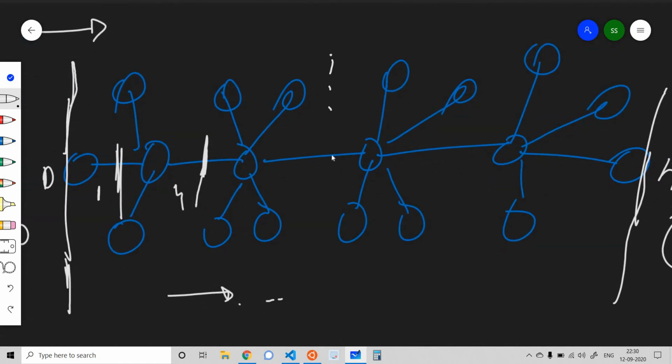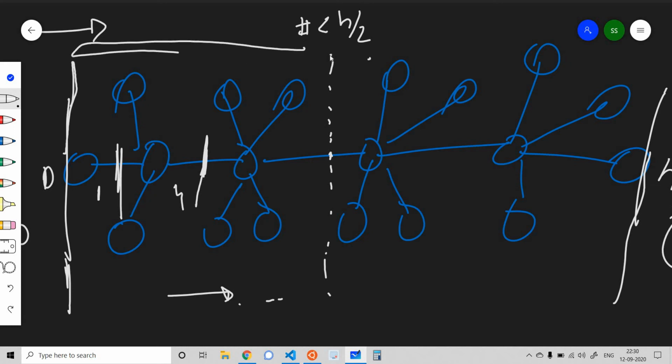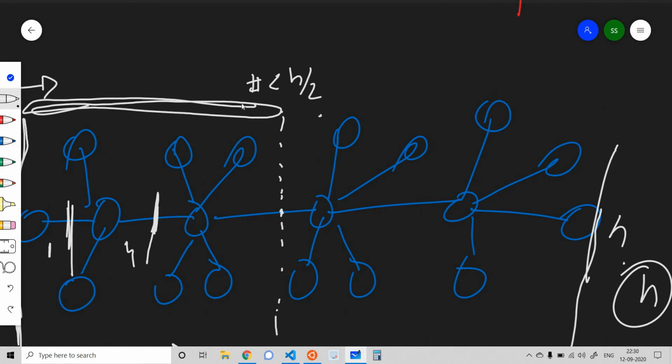Suppose there is some line here. We see that even at this line, the number of nodes is less than n by 2. That is, on the left part, we have only seen fewer than n by 2 nodes.